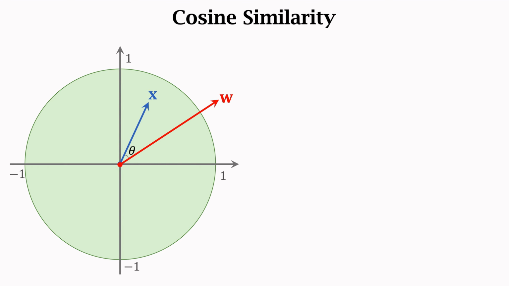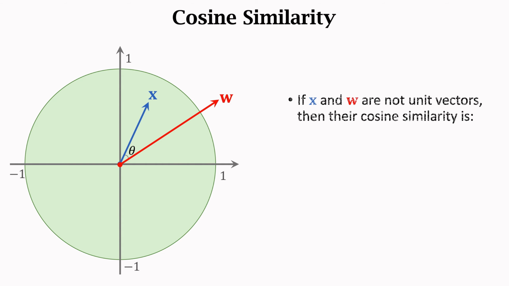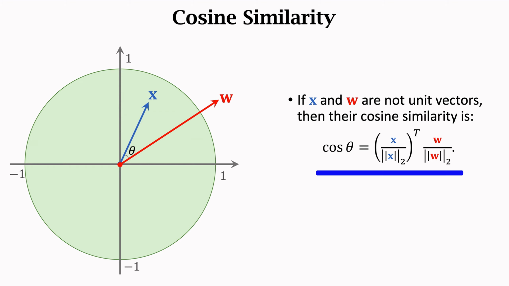If x and w are not unit vectors, we can normalize them to unit vectors before computing the cosine similarity. Cosine similarity is computed using this equation. We normalize x and w respectively and then compute their inner product. The inner product is the cosine similarity.